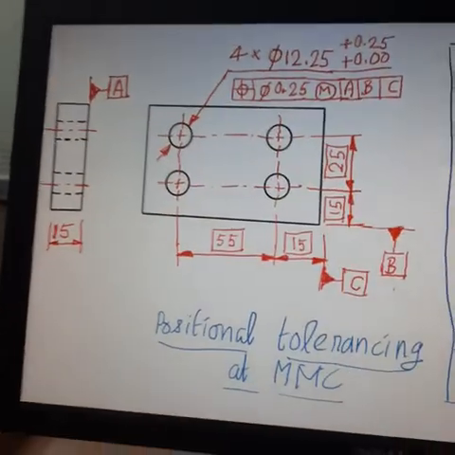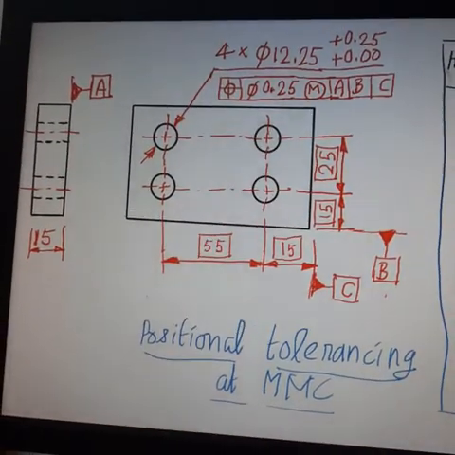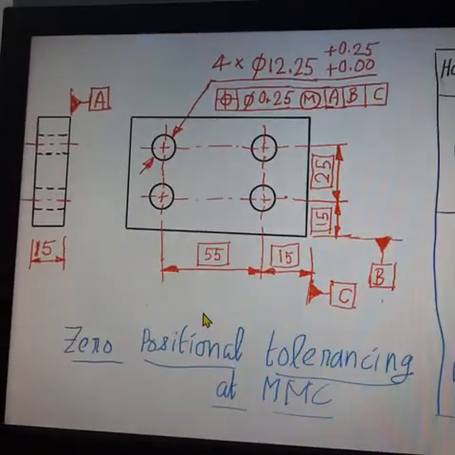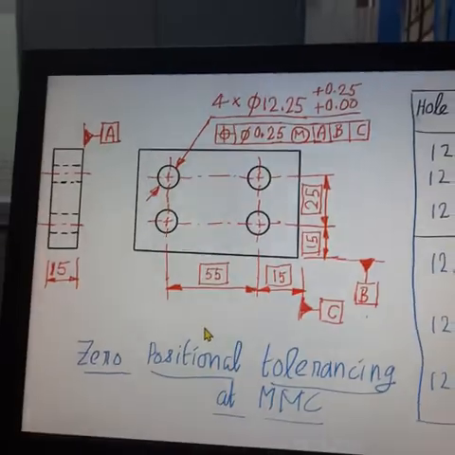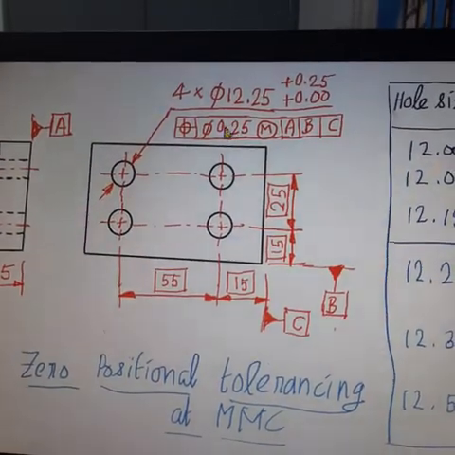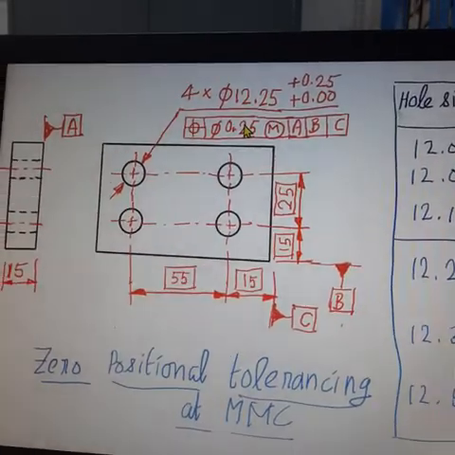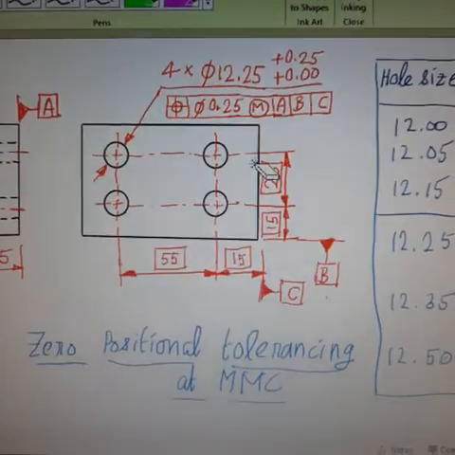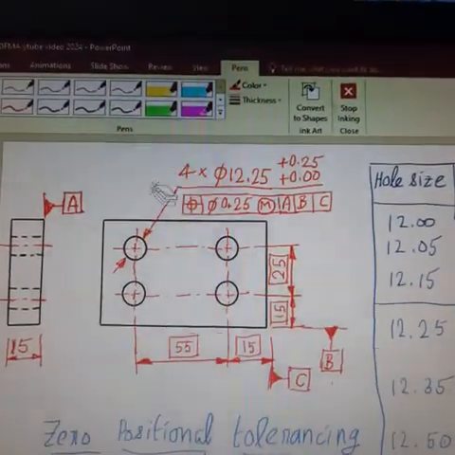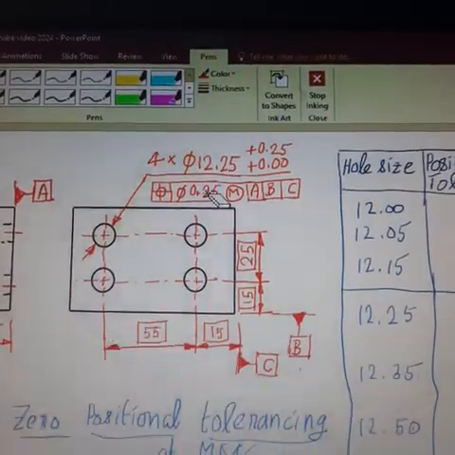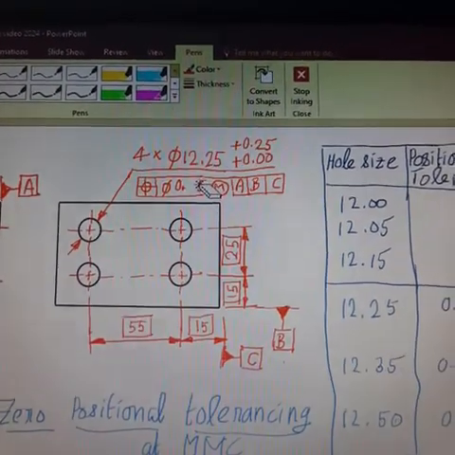How do we convert this drawing using zero positional tolerancing? When you say zero position tolerancing, this value should be changed to 0. So as you can see, we have to change this value to 0.